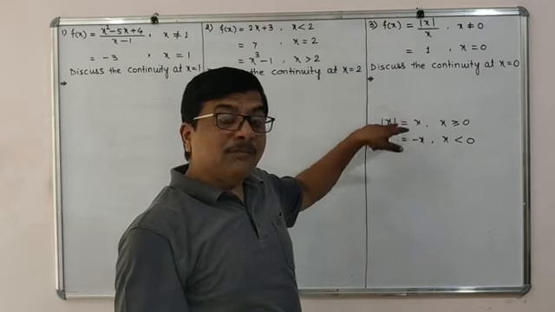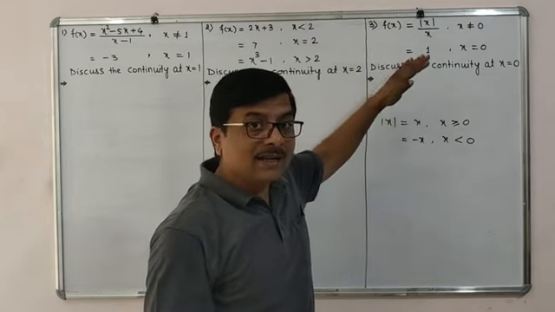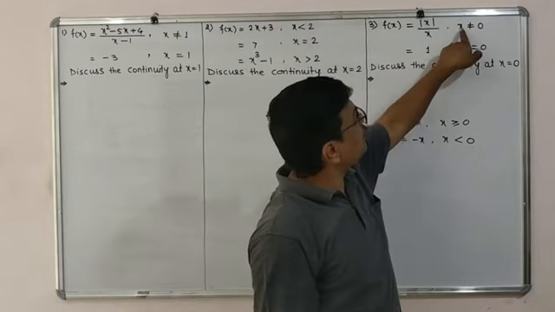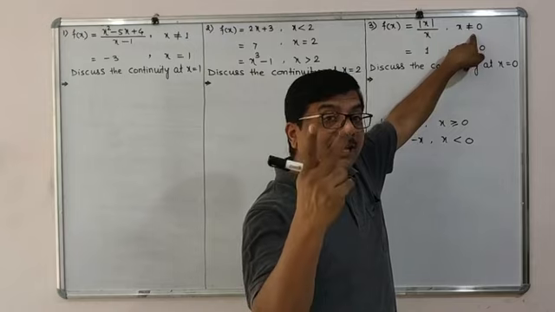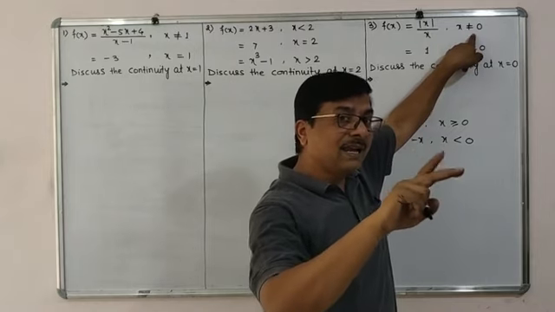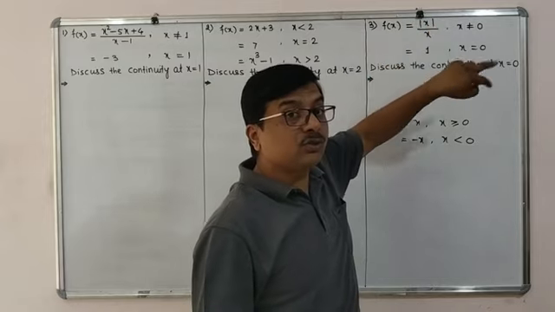It means this function mod x itself changes for values of x greater than 0 and less than 0. Here as we write x not equal to 0, it contains both things, x less than 0 as well as x greater than 0. It means the value of mod x is going to change.